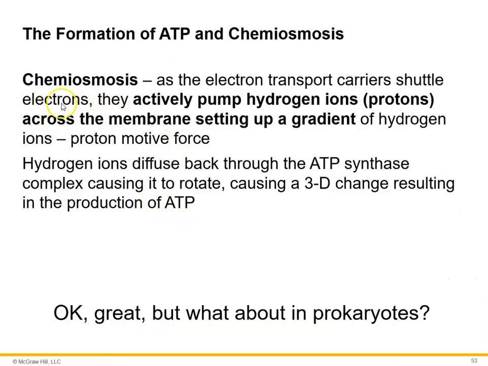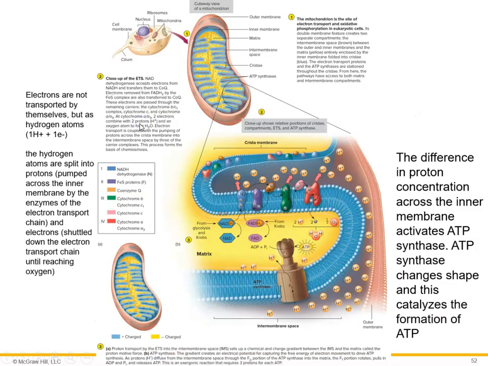That proton gradient is also known as chemiosmosis, because if we go back, not only is there a concentration gradient established, so more protons on this side than on this side, but there's also a difference in charge. So it's more positive on this side than on this side.